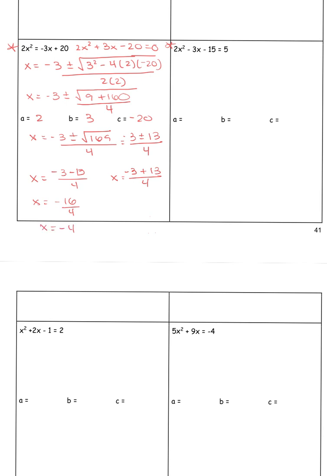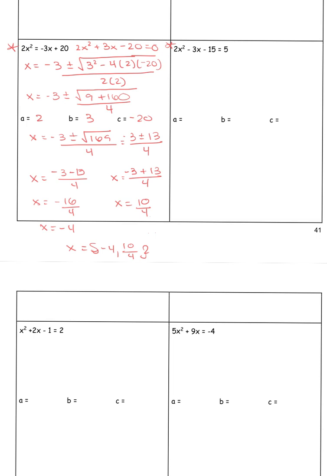All right, so then we have -3 plus a 13 divided by 4, and we get x is equal to 10 over 4. So we have the solution set of x is equal to -4, 10 over 4 for our solution set.